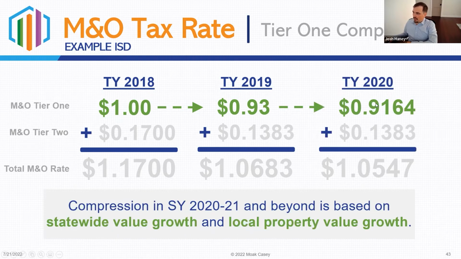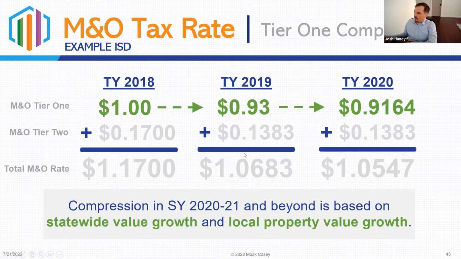Then in tax year 20, that's when the local compression kicked in. Some districts may have been compressed down to 91.64. Some may be compressed further below that. But it's going to be based on your statewide value growth or your local property value growth.